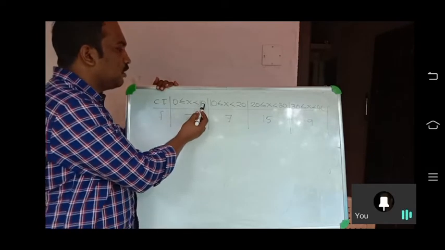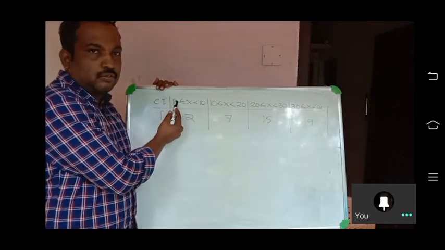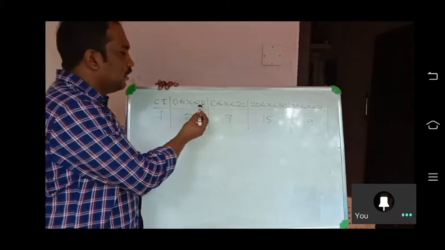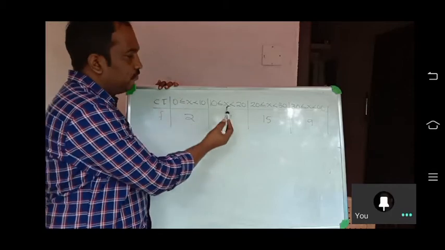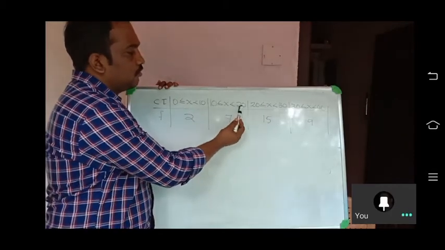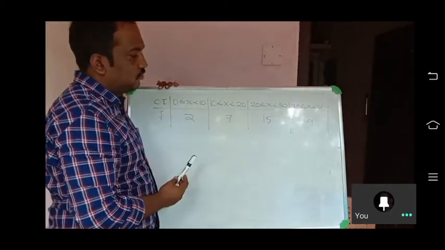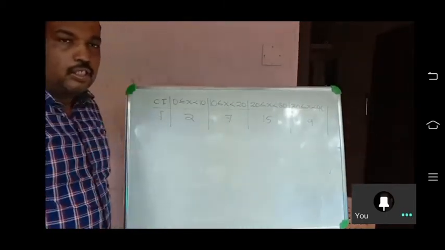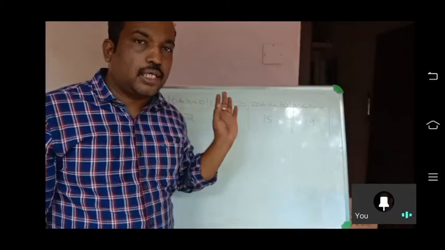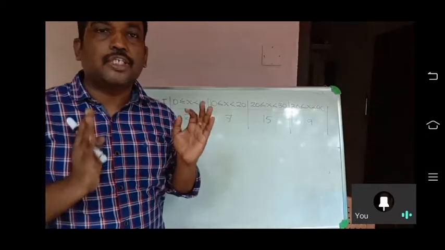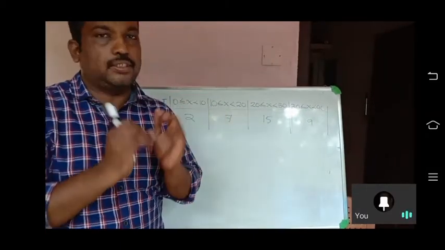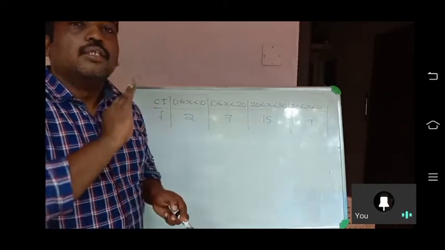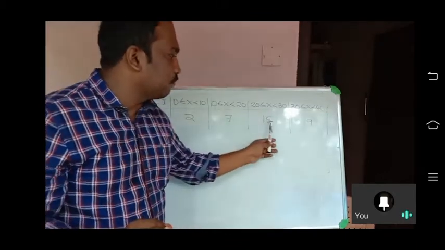The difference between highest and lowest, that means the range of each class. 10 minus 0, 10. Here also 10, here also 10. So all these classes have equal width. We call it equal size. If the classes are of equal size, no worries, take the highest frequency.